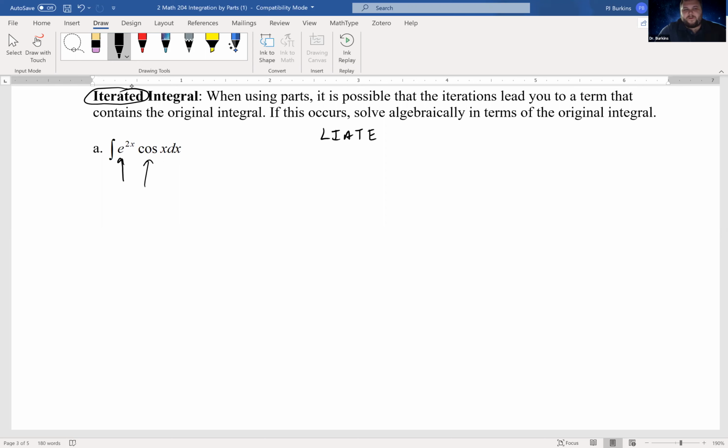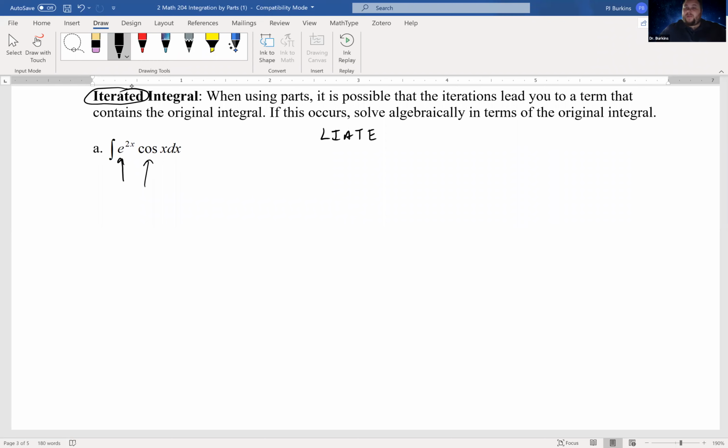Both of these functions are what we would call cyclical. If I differentiate e to the 2x, I'm going to get 2e to the 2x. If I integrate it, I would get 1/2 e to the 2x. And if I did it again, I would get 1/4 e to the 2x, and then 1/8.